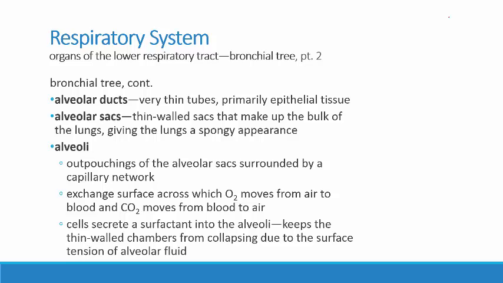The alveolar ducts are very thin tubes built primarily of a single layer of epithelial tissue. The alveolar sacs are found at the end of the alveolar ducts, very thin-walled, and they make up the largest amount of the lungs, and they give the lungs both a spongy feeling and appearance.